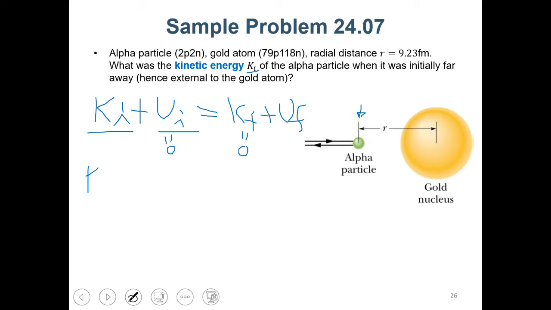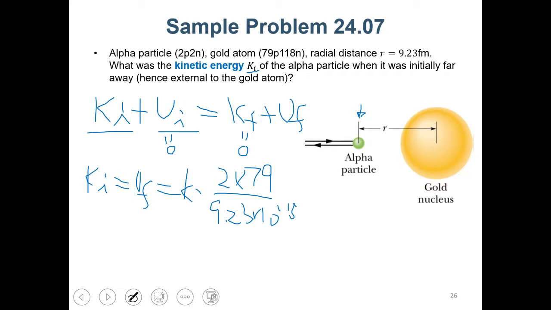So Ki will be Uf, which is k times 2 protons, times 79 protons, over the distance 9.23 times 10 to the minus 15.